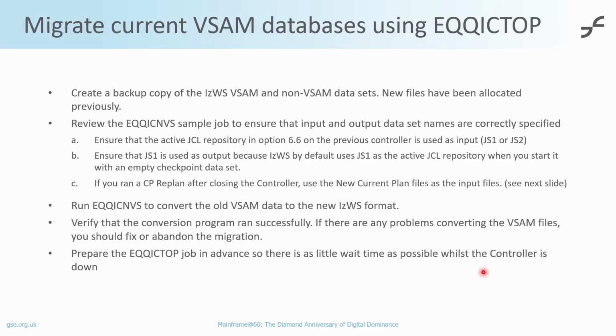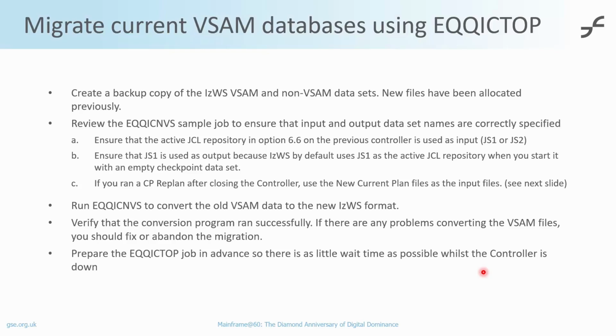We will see in a moment what we have to put in this EQQICMVS sample job that is provided by the IzWS library in the SAMPLIB. And you need to ensure that the active JCL repository that we took note of in option 6.6 previously is used as input.